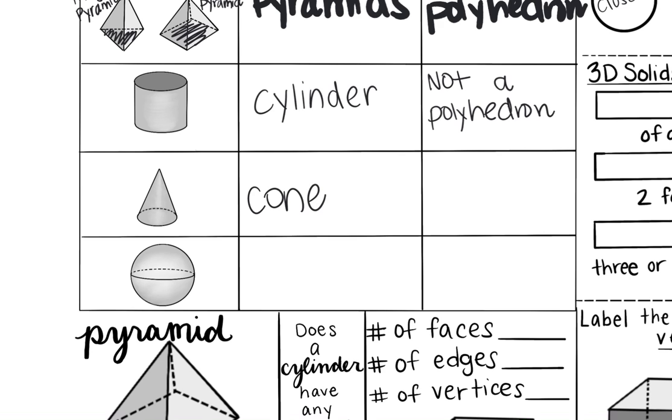So this one, because the base is a circle, I'm going to say it's not a polyhedron. Again, circles, anywhere that you see any curves as well, indicate it's not a polyhedron.